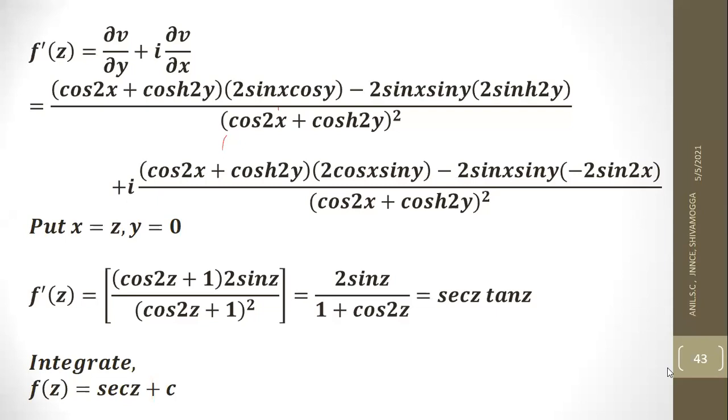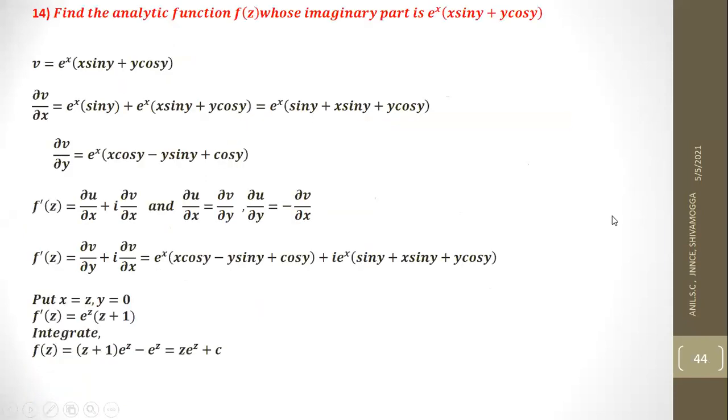At least answer this. Is this clear? Yes, sir. Okay. Can I go to the next problem? Yes, next problem.